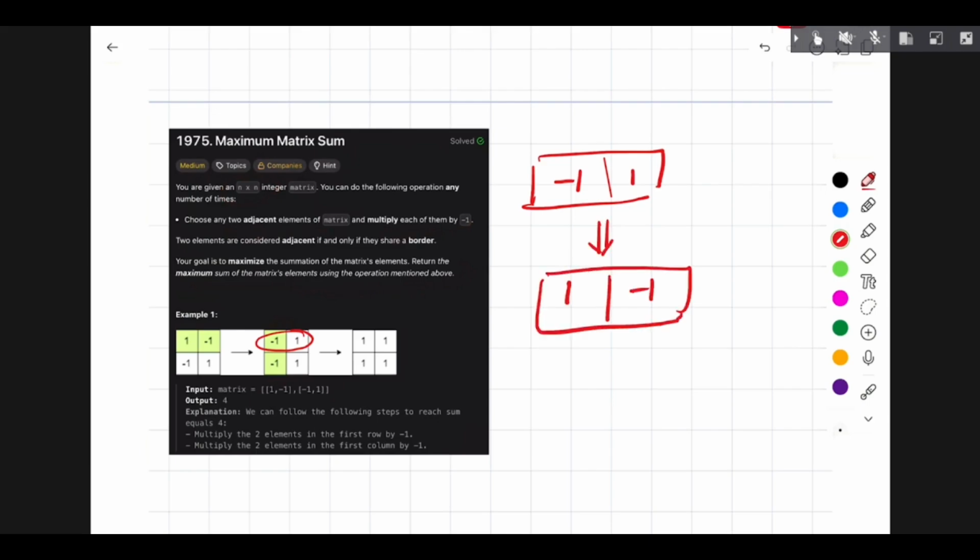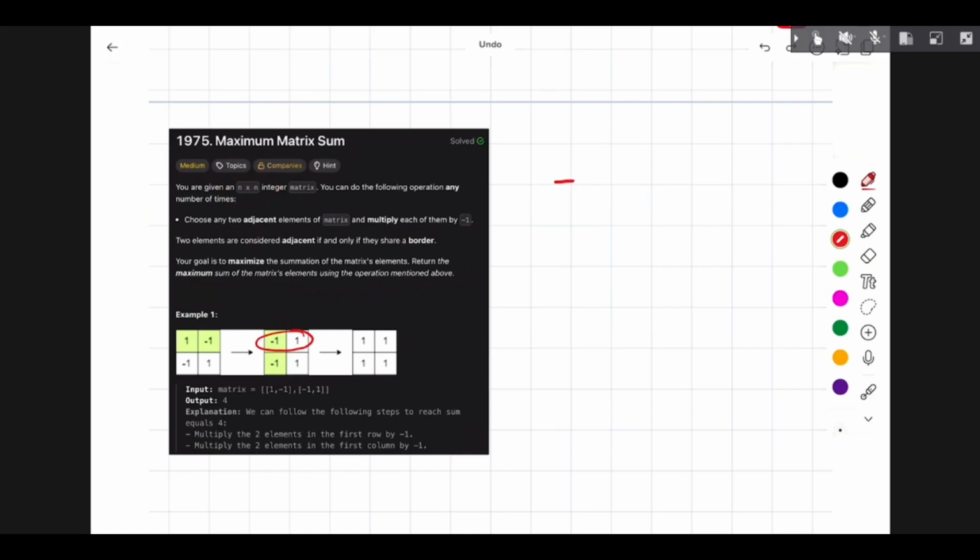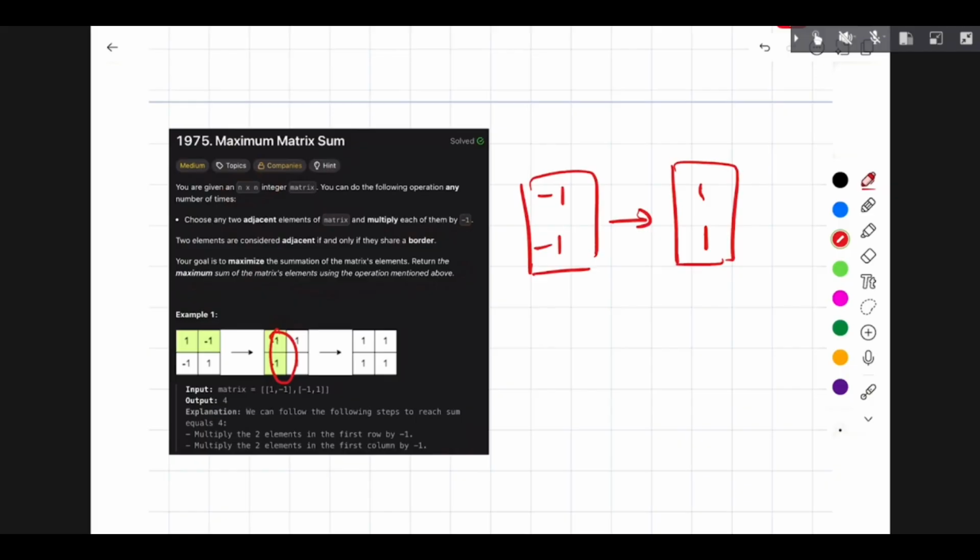But if I multiply two negative numbers instead, the result I'll get is 1 and 1. So this is a positive value, right? And that's what we want.